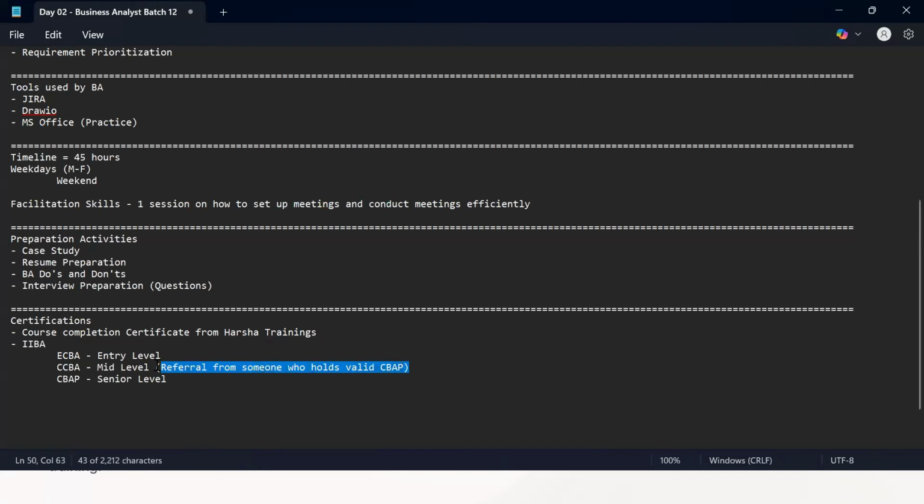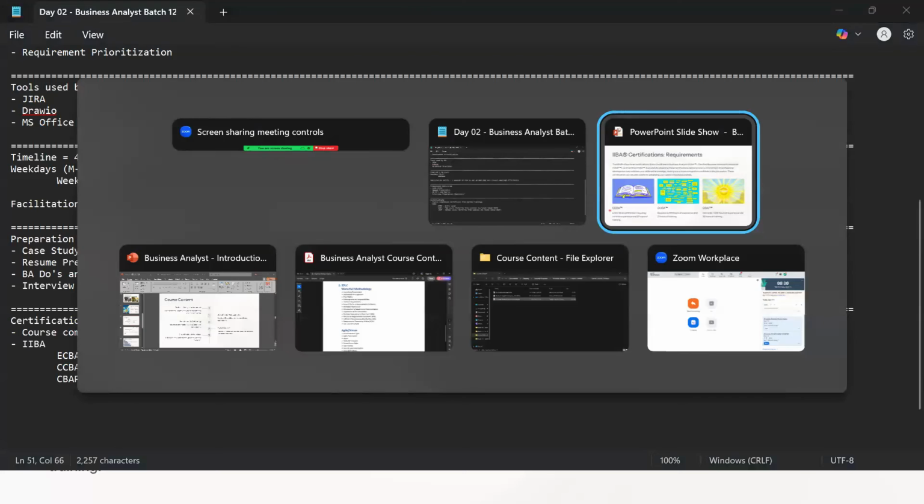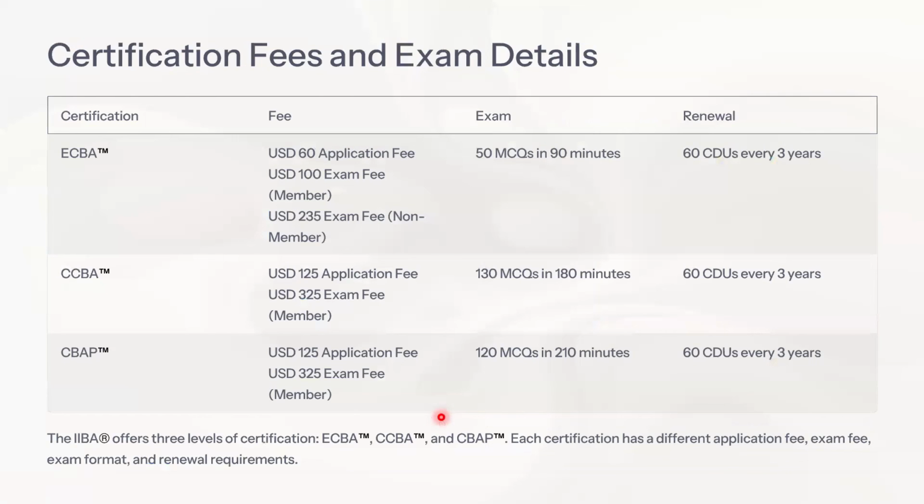The same is true for the next one as well. Someone should vouch for you. Someone should verify and say that this person has the necessary experience and I am actually referring them.